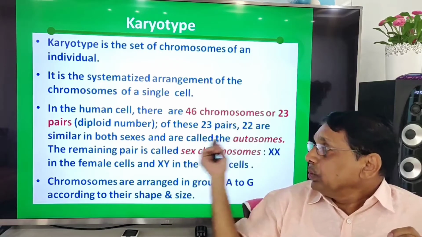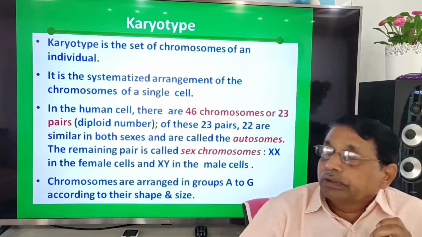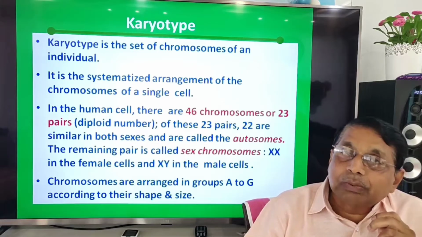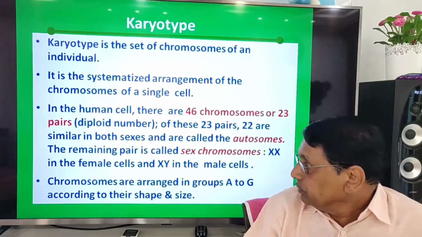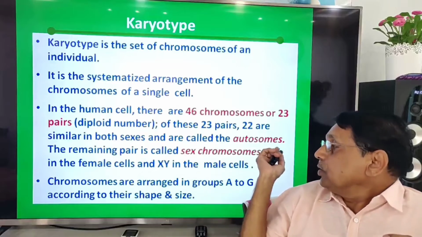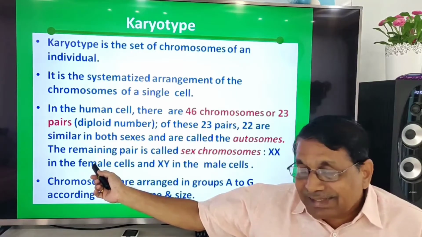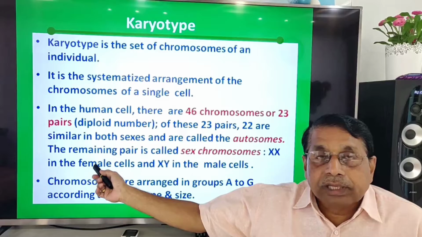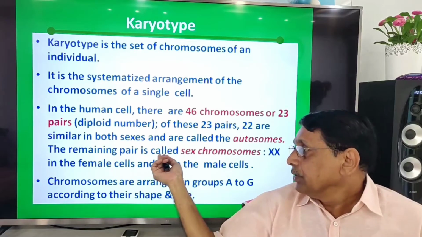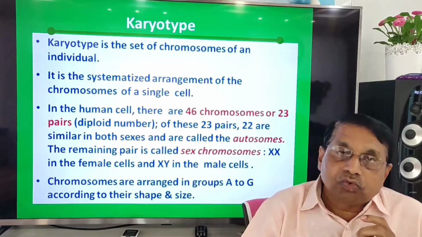Then a pair is known as the allosome or sex chromosome. In females the allosomes are XX, and in males they are XY.